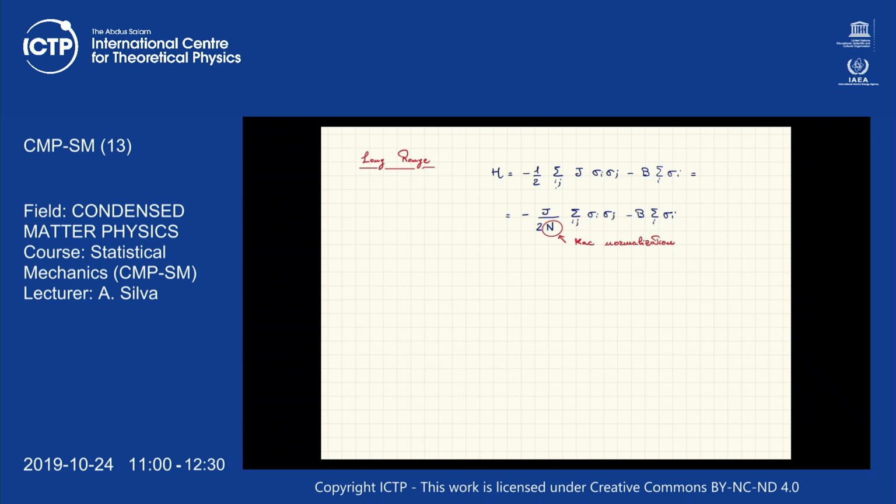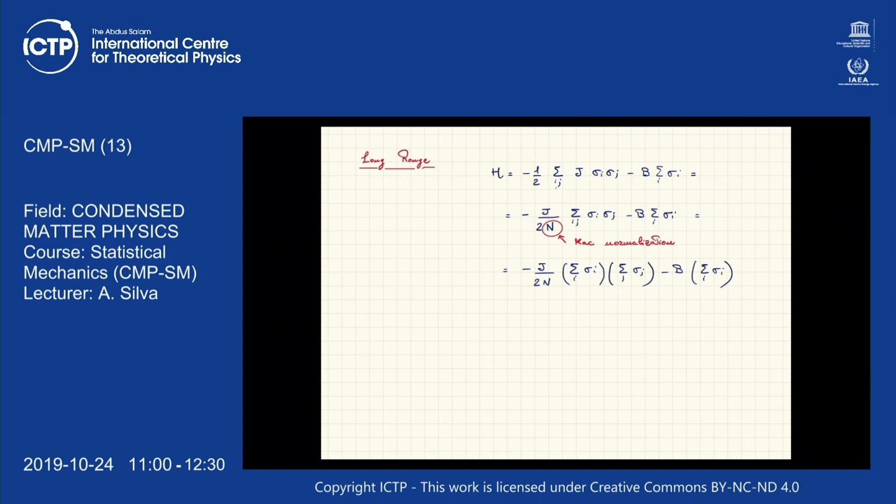All right. So now, once I put the Kac normalization, you see that this can be written as follows: minus J over 2N, sum over i σ_i, times sum over j σ_j, minus h sum over i σ_i, right? Since everybody is interacting with everybody else.